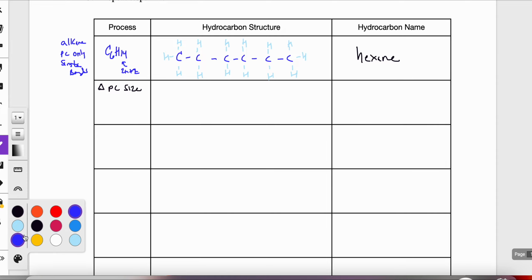So now instead of having 6 carbons in the parent chain, I'm only going to do 5. It's an isomer, so it has to have the same molecular formula. So it still has to have 6 carbons in the structure, but only 5 of them will be in the parent chain. So when you decrease the parent chain size by 1, you then add a branch.